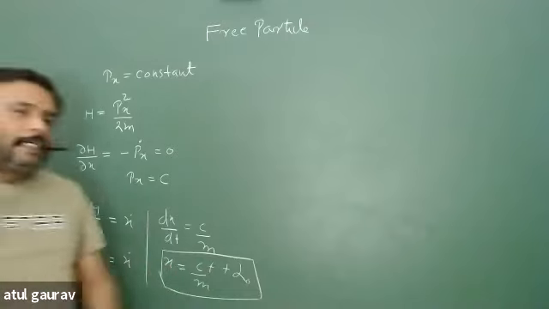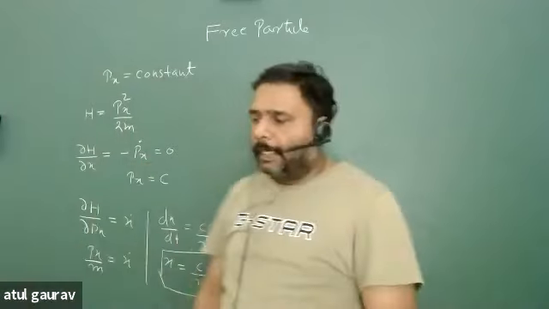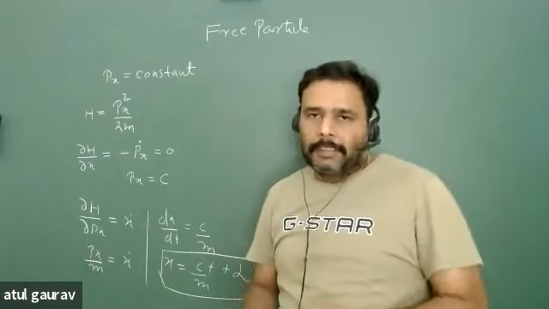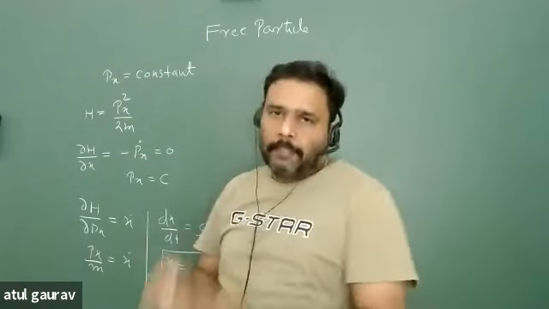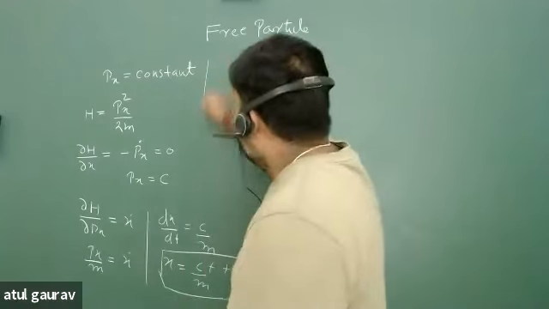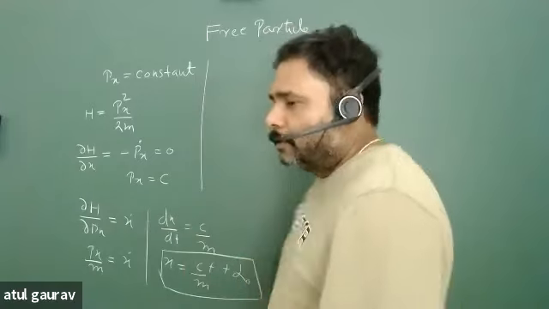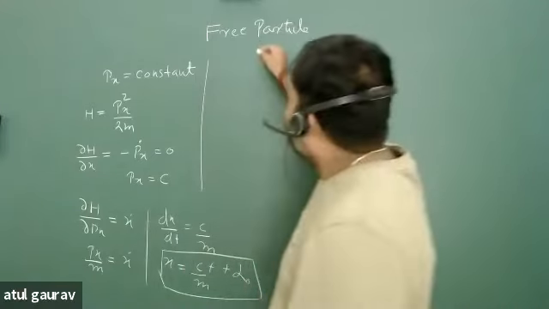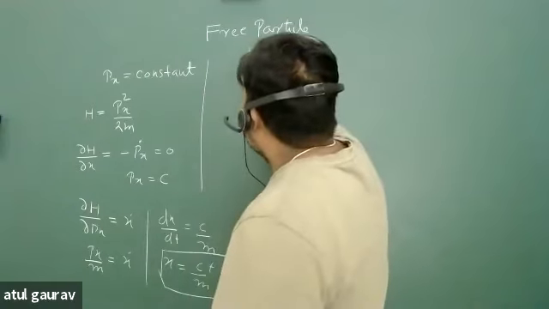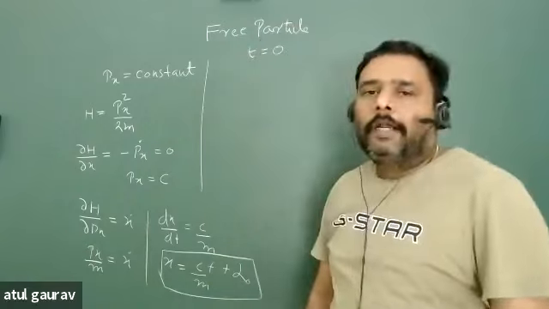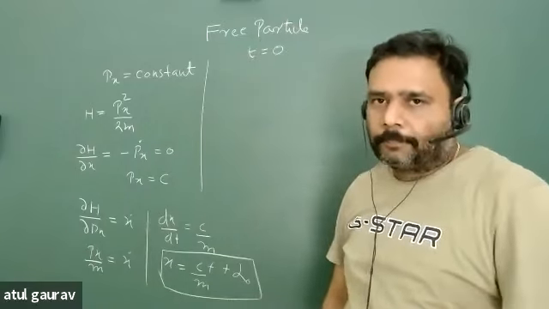But now let's do this experiment again and again, because our purpose is to understand quantum mechanics. I am taking it very simple: at t equal to 0, I want to find the position.